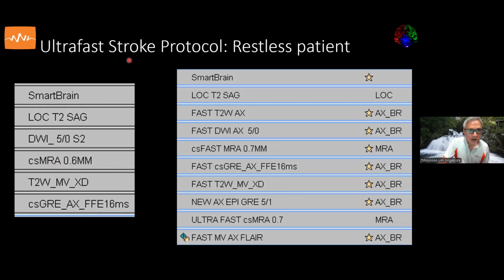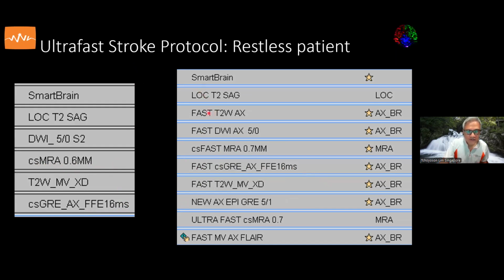We also have an ultra-fast stroke protocol for restless patients. And many times this becomes, unfortunately, quite necessary in especially elderly patients who are confused and have supervening dementia as well as ischemic infarction.